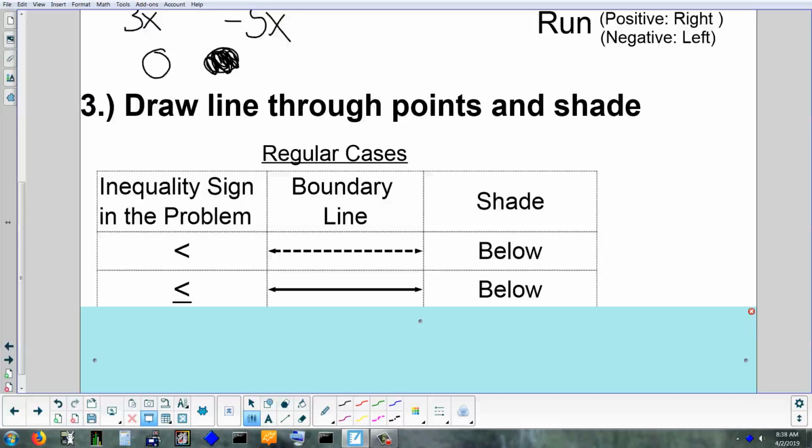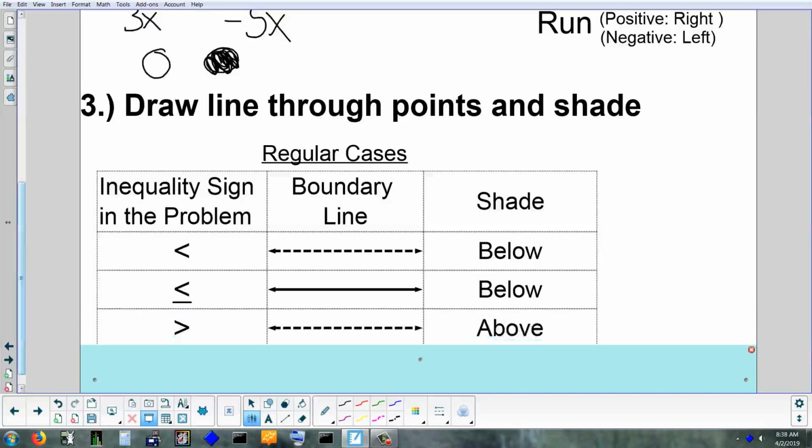Any coordinate on a solid line, if it's a less than or equal to, could be a solution to that inequality. If it's dotted, it cannot. That's why we draw it dotted or solid. If it's solid, any coordinate on the line can be included. If it's a dotted line, a coordinate on there cannot be included.